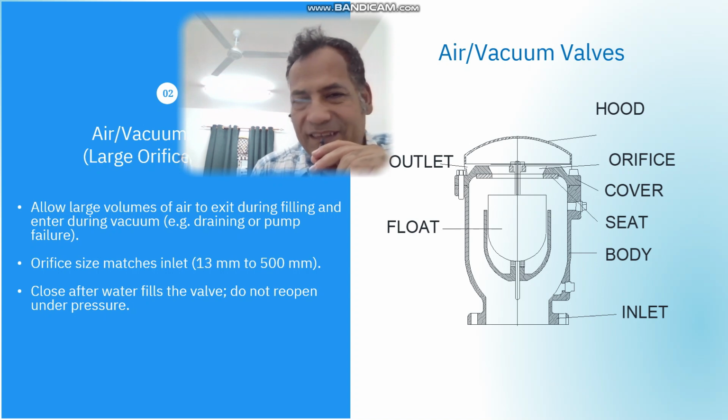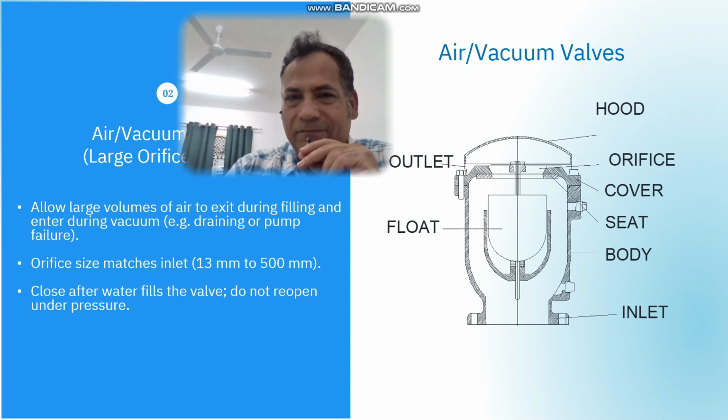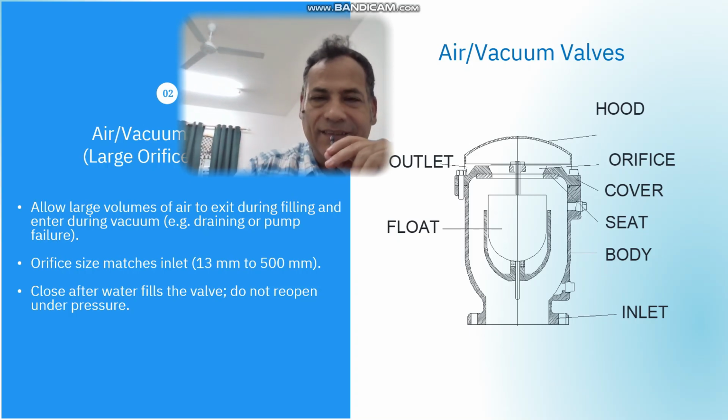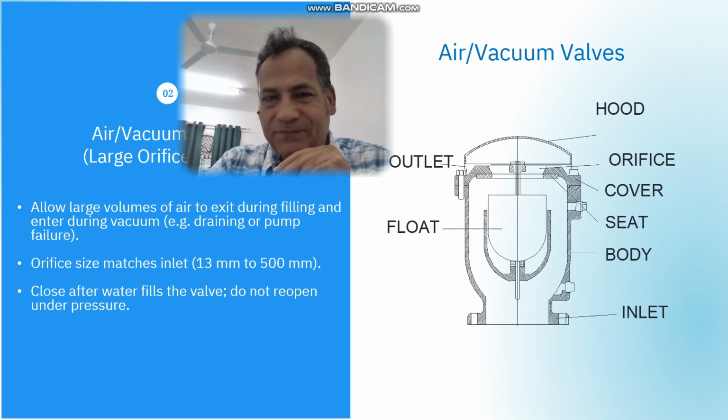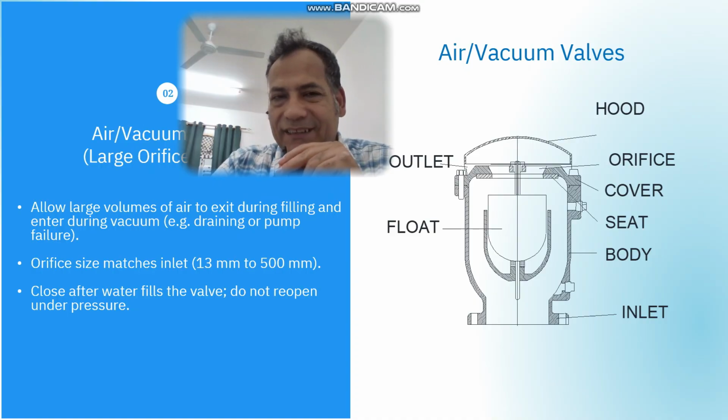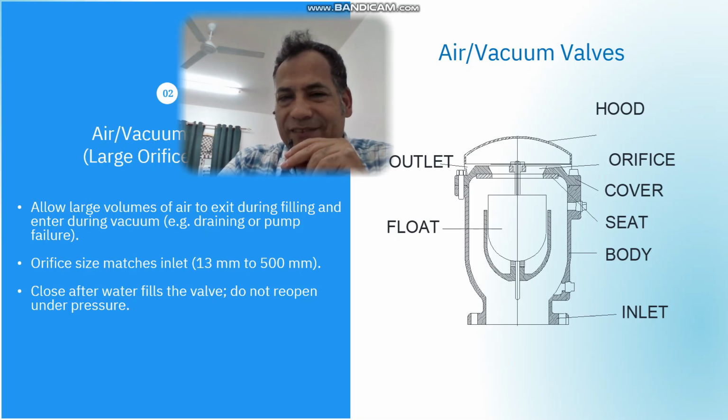This is one of the biggest differences. And another thing, if you see here, the orifice size is very big, we can say from 30 mm to 500 mm, depending on the size of the pipe it is installed on.